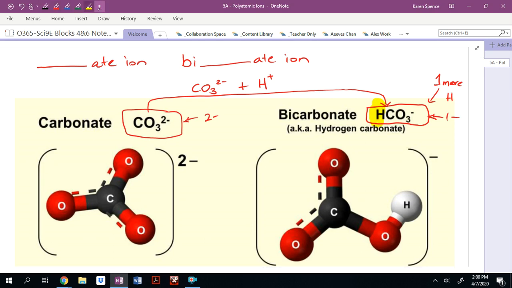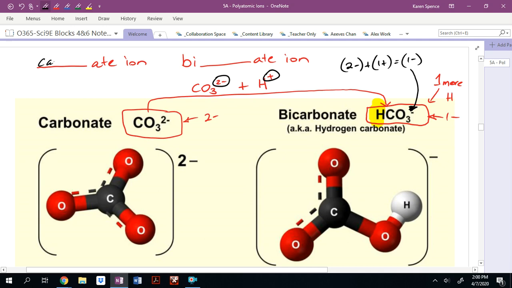And if we take our total charge here, we have a 2 minus and we have a positive. So 2 negative plus 1 positive gives us 1 negative. Okay, and look at that. 1 negative. So that is how we take a something or other -ate ion and turn it into a bi-something or other -ate ion.